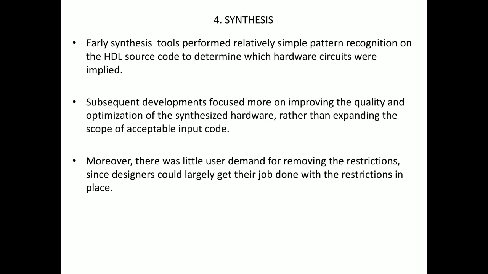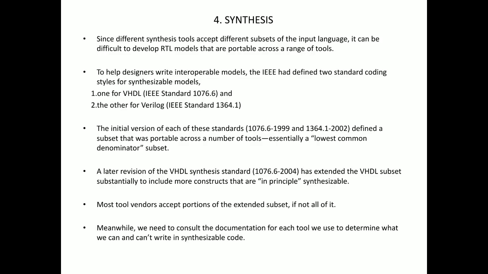IEEE had defined two coding standards, one for VHDL and one for Verilog. These are the two hardware description languages, VHDL and Verilog. VHDL followed at the beginning an IEEE standard of 1076.6, and Verilog followed an IEEE standard of 1364.1. As time went on, at subsequent stages, these standards were also improved.